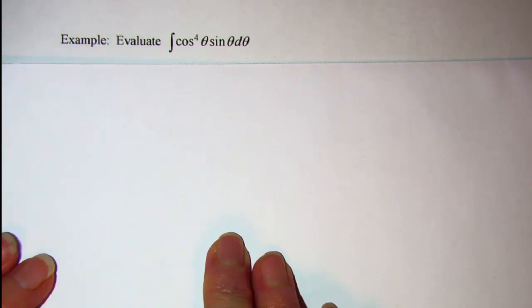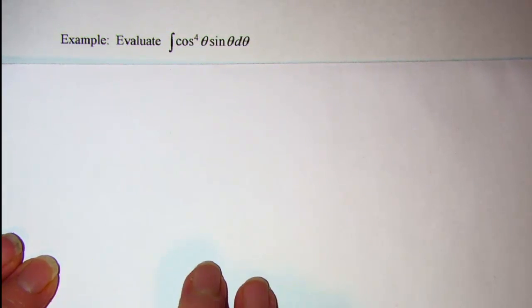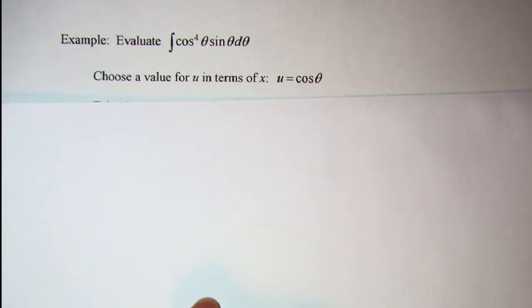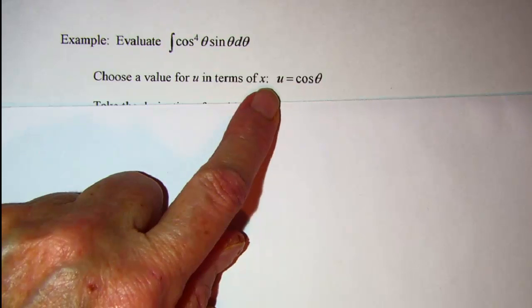Our next example, we're asked to evaluate the integral of cosine to the 4th theta times sine theta times d theta. Well, my power here is cosine theta raised to the 4th power, so I need to choose a value for u in terms of theta this time instead of in terms of x.